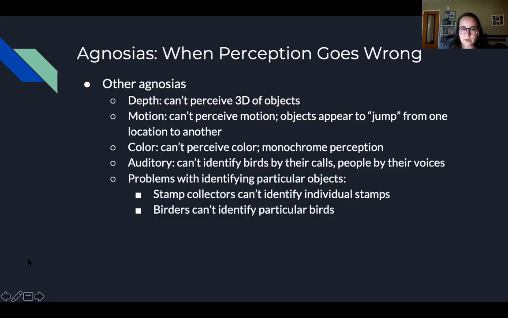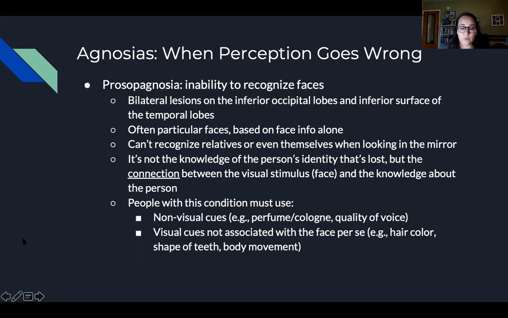And so just real quick, there are other agnosias, depth, motion, color, auditory, those are all pretty much self-explanatory. Another really interesting agnosia is called prosopagnosia. So this is the inability to recognize particular faces. And so in these situations, people have damage that's bilateral, so on both sides of the brain.